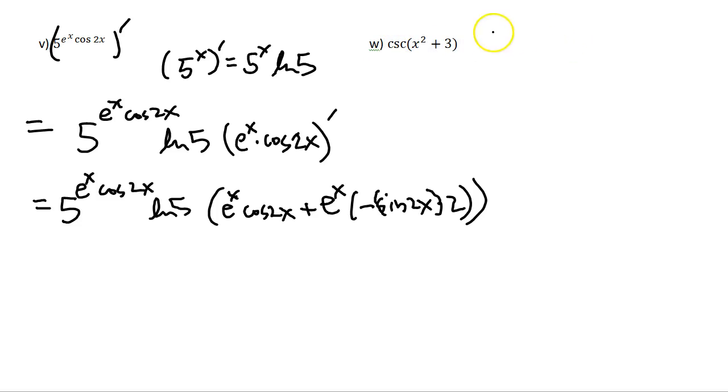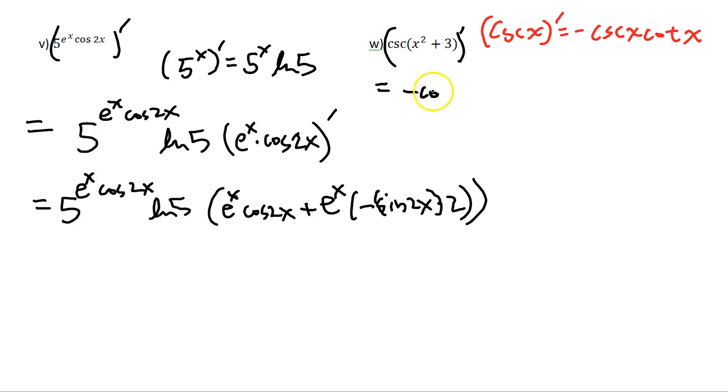Cosecant. What about the cosecant? Derivative of the cosecant of x is negative cosecant x cotangent of x. And because instead of this x you have x squared plus 3, when you differentiate it, you're going to get negative cosecant, let me erase that, negative cosecant of not x, it should be x squared plus 3.